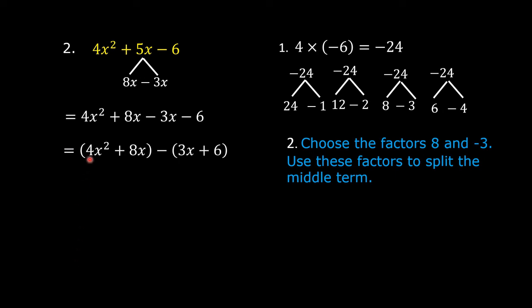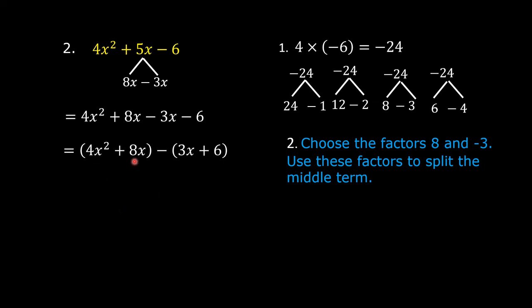So we have the quantity 4x squared plus 8x minus the quantity 3x plus 6. Because this is preceded by a minus sign, this negative sign before 6 becomes positive.